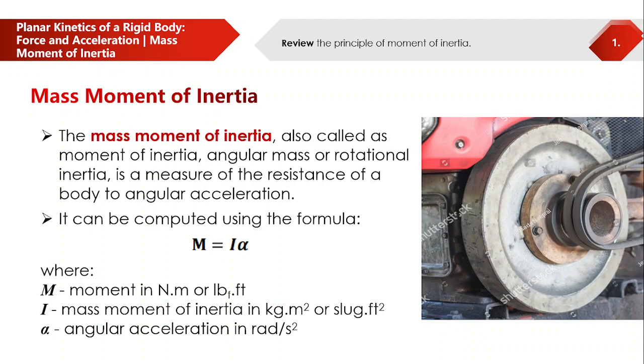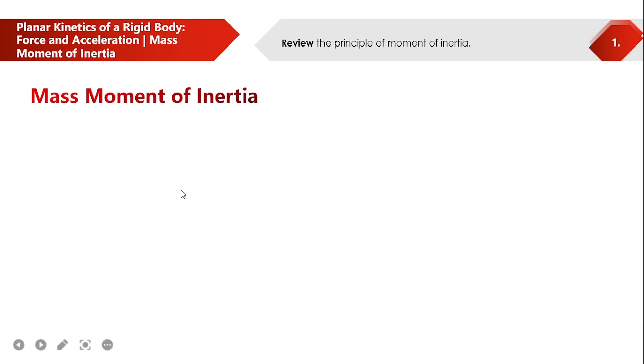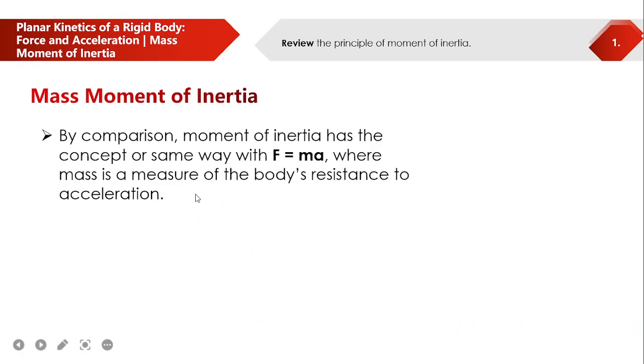Okay, so to compute the moment using the mass moment of inertia, the formula is M is equal to I, the mass moment of inertia, times the angular acceleration of your body. By comparison, it's kind of identical, familiar sa equations of motion.